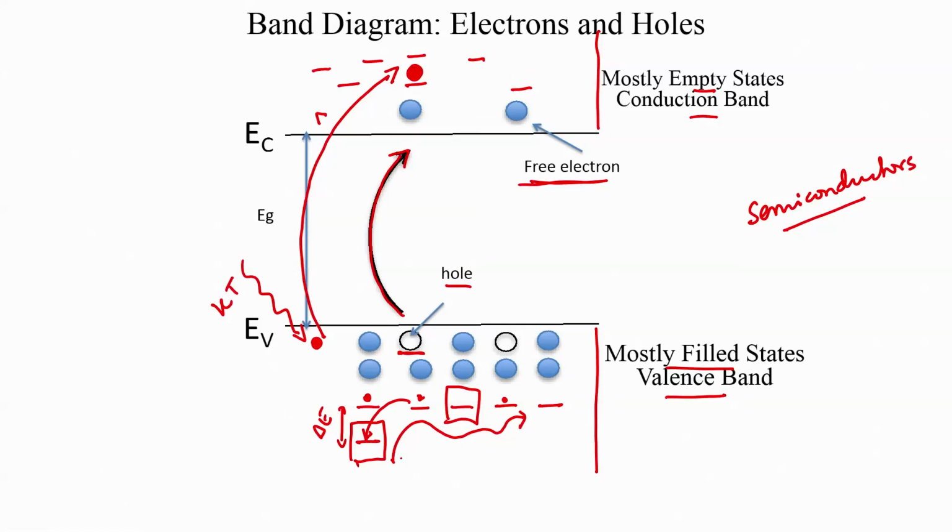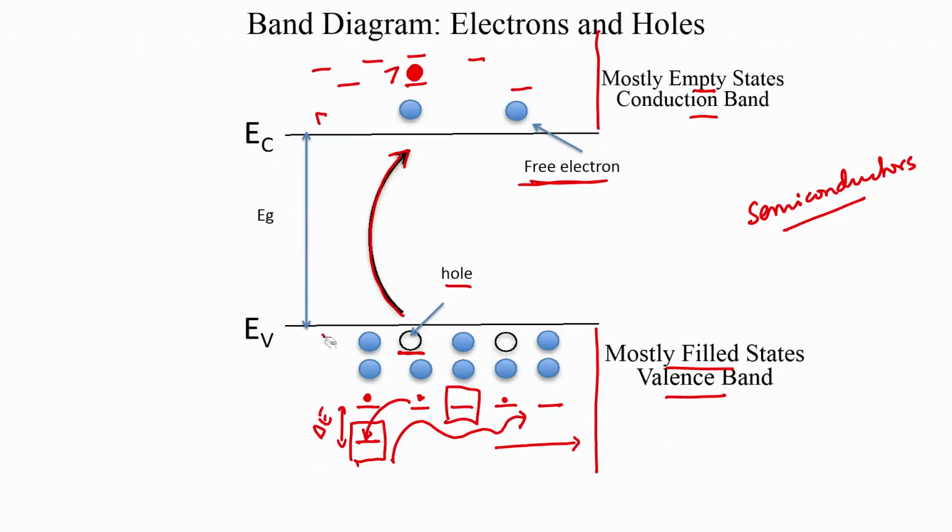So it is possible for the hole to appear as though it is moving in the valence band because of electrons from other states coming in to occupy it, thereby leaving the previous state vacant.